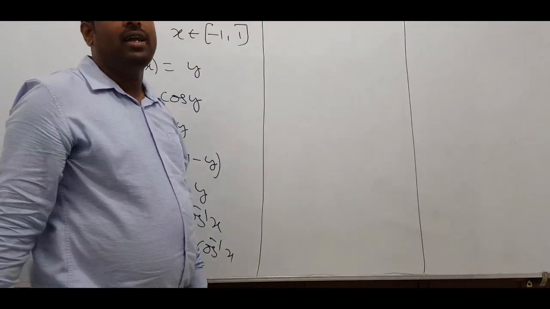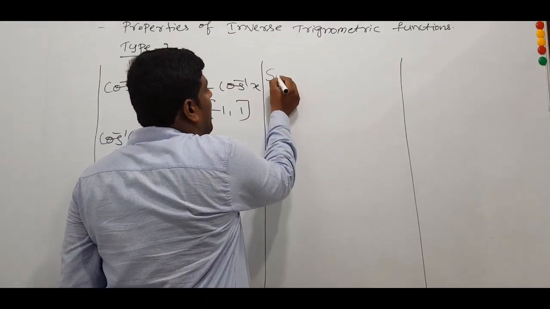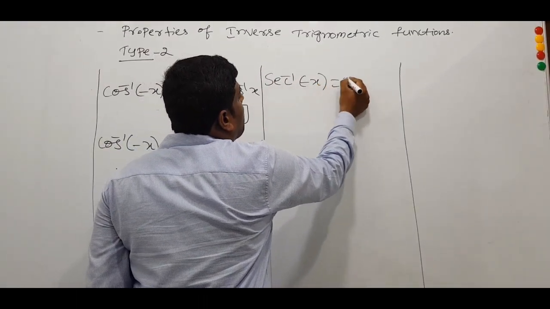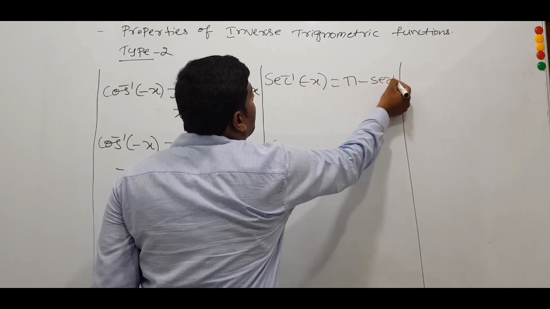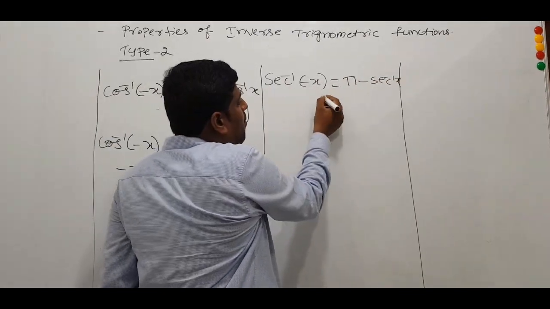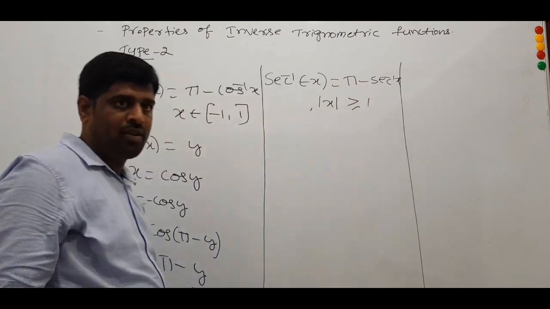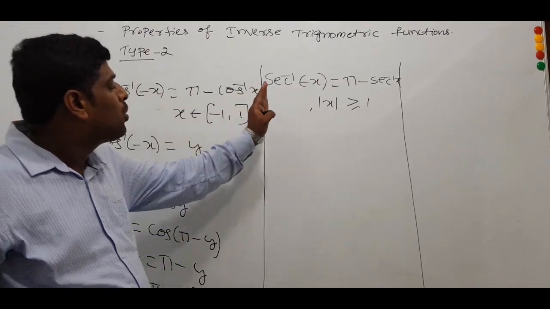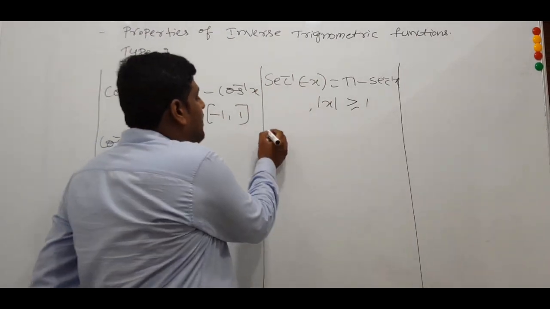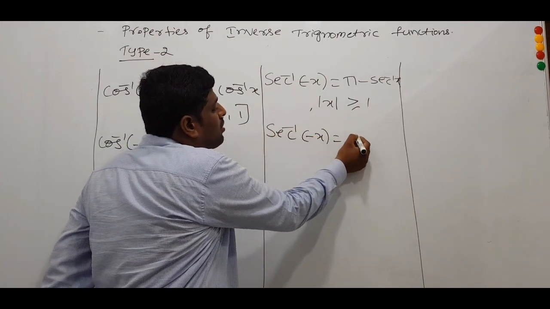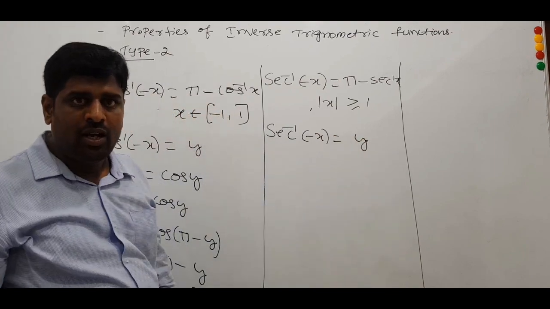Now another property is secant inverse of minus x is equal to pi minus secant inverse x, with modulus of x greater than or equal to 1. Now I have to prove this property. Secant inverse of minus x is equal to some y.